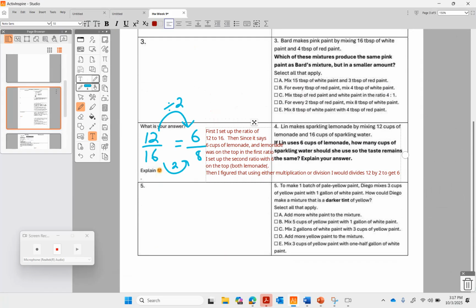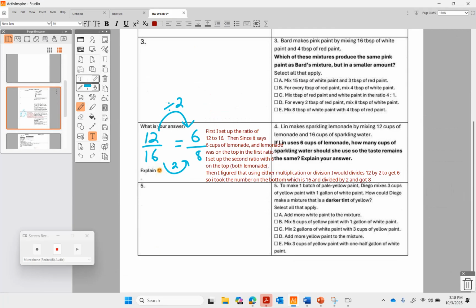So I took the number on the bottom, which was 16, and divided by 2 and got 8. Okay, so that's my answer. Number 5.